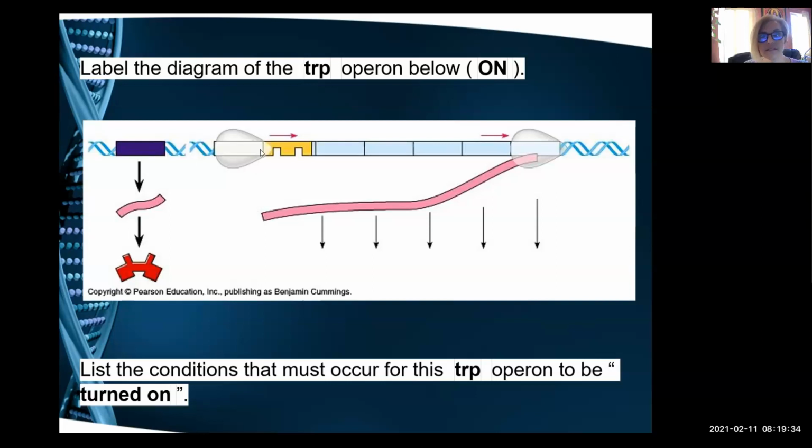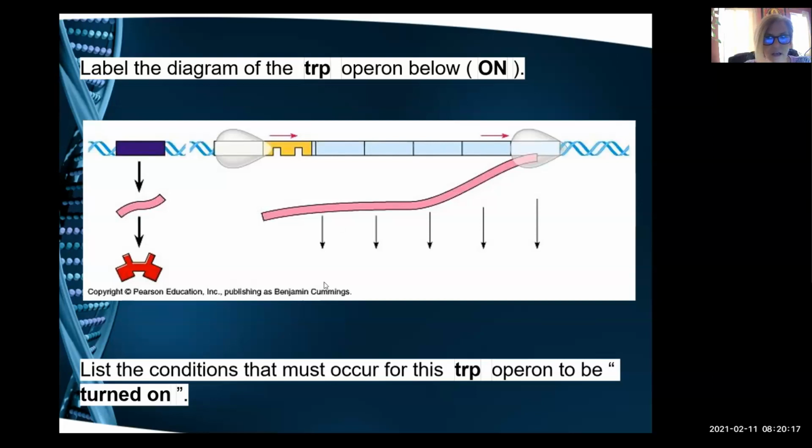And what would this teardrop shaped thing be? That's the polymerase. And the yellow, what is this yellow Lego looking thing? The whole thing is the operon. That's the operator. Good. And then you would refer to each of these as what kind of genes? They start with an S. Structural genes. Yeah. Okay.